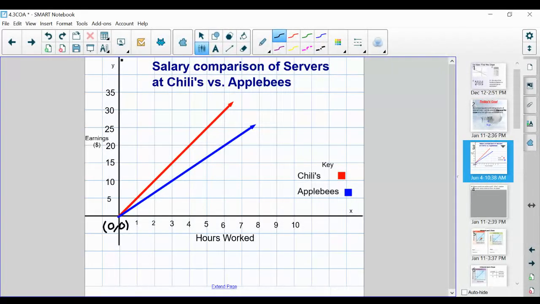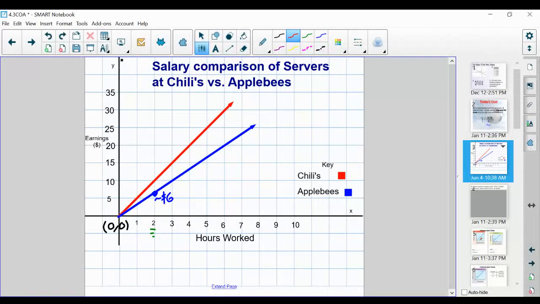So let's just do a rough little estimate. If we're looking at 2 hours worked, that's on the x-axis, about how much money do you make at Applebee's? Well, our y-axis is going up by fives. This happens to be somewhere between the 5 and the 10. So let's just call this about $6.